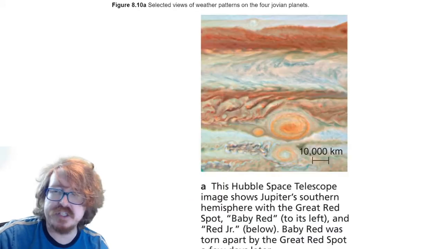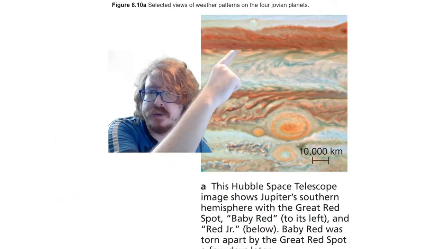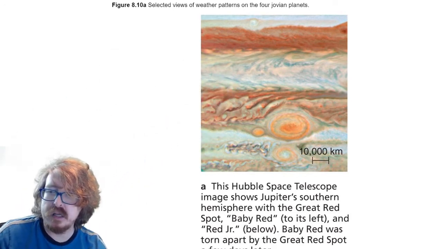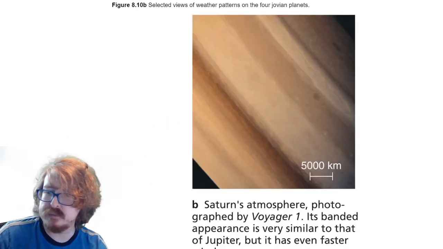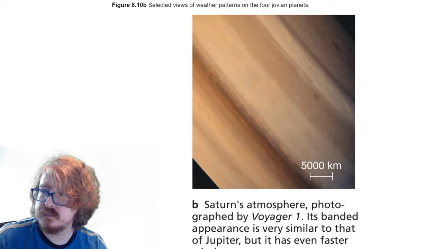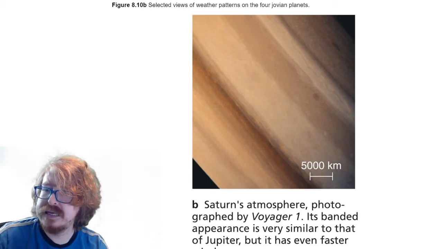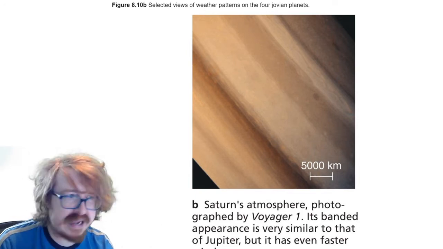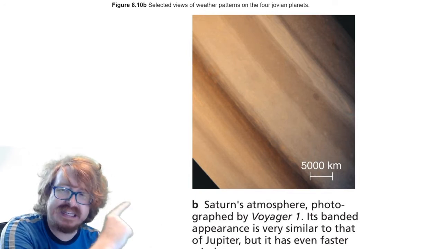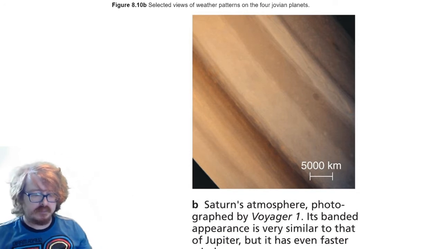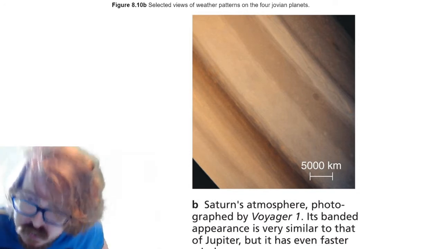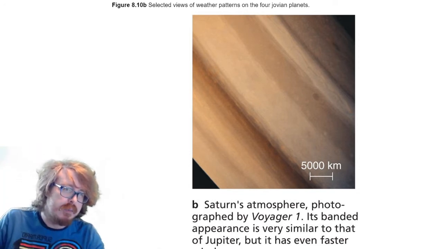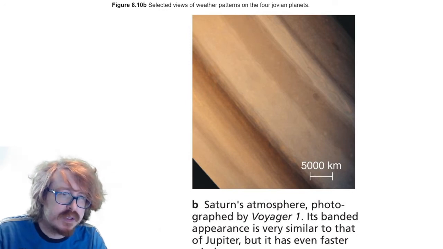Here's a close-up picture of the clouds on Jupiter. And here's a close-up picture of the clouds on Saturn. Yeah, they're much smoother looking, right? It looks like there's a lot less detail going on here. So the first question we have to figure out is, what is that detail?